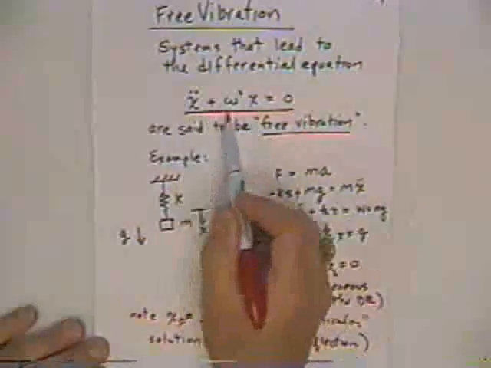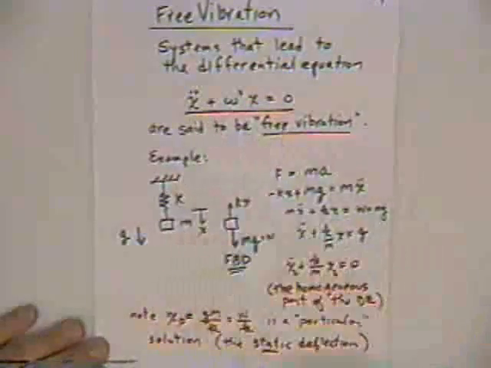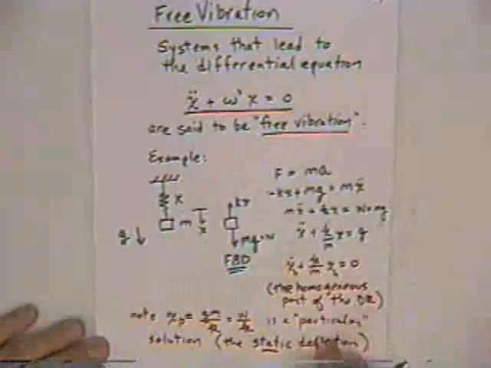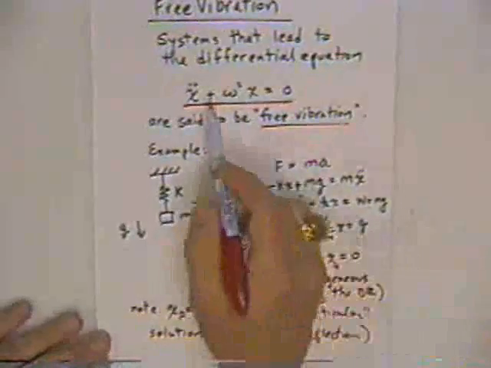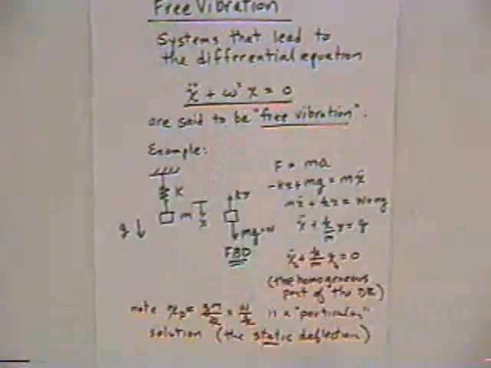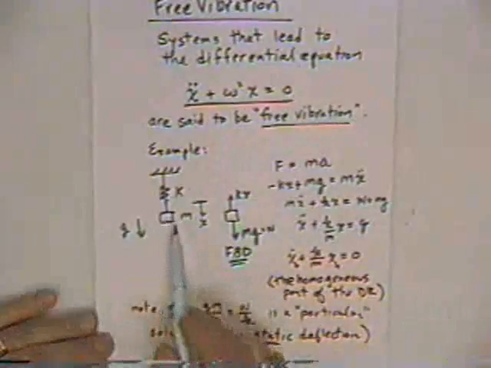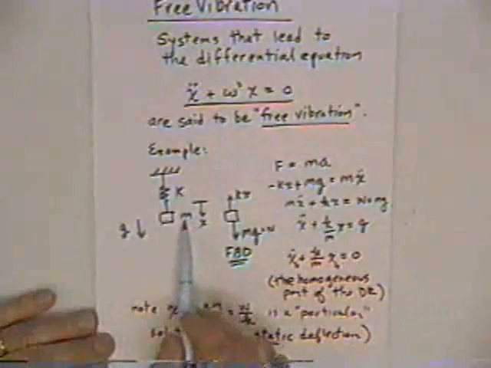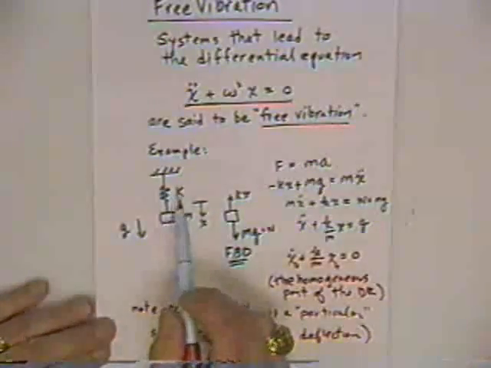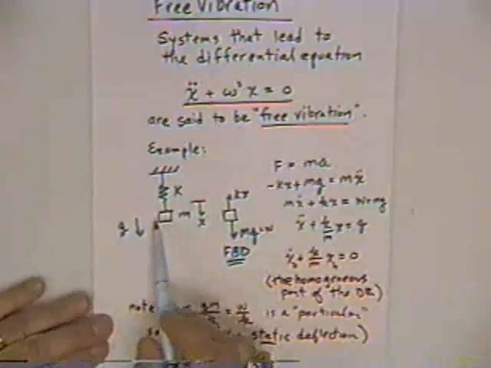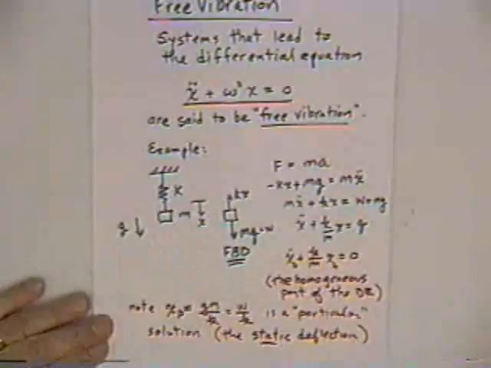Now, if you see a differential equation like that, you will know the solution to it down here. But let's go over how you might get that differential equation, and how you could obtain its solution. Consider a lumped mass of magnitude m and a spring with constant k, and the mass is suspended from the spring.